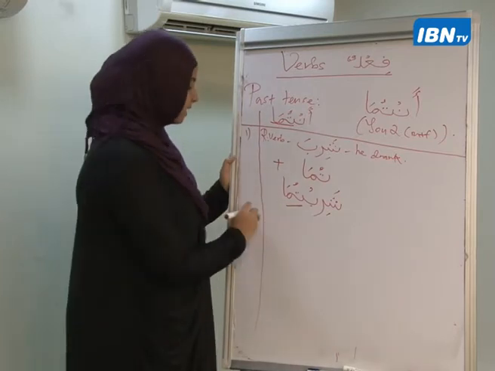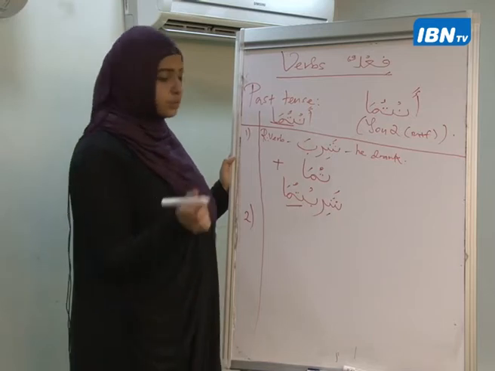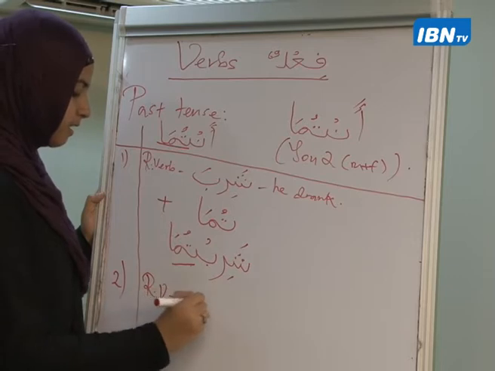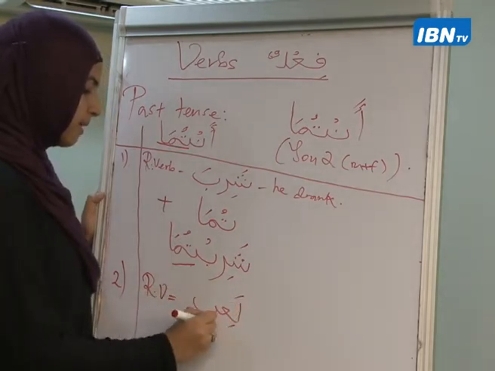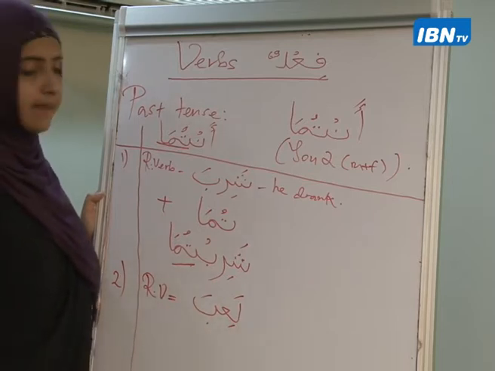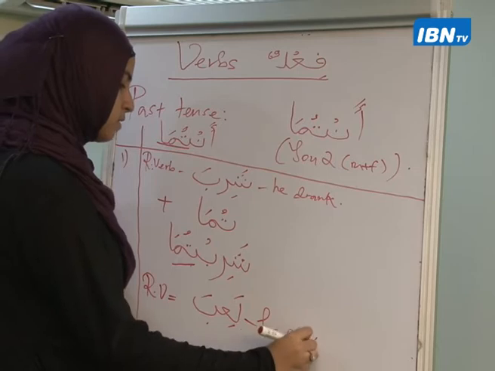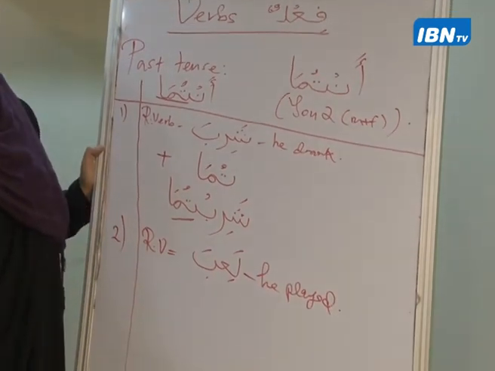Okay, let's look at another example. For example, I have the root verb la'iba. And what does la'iba mean? La'iba means he played, right? Now I want to say you two, male plus female, played.